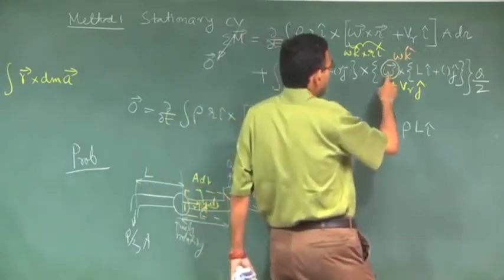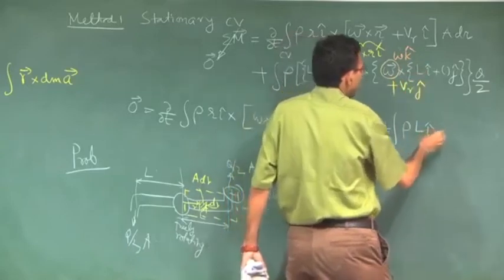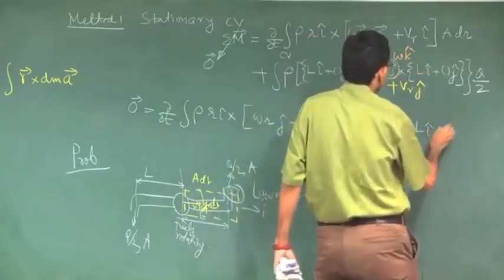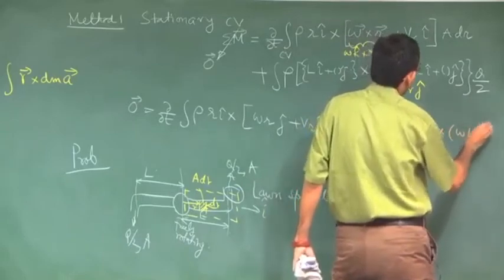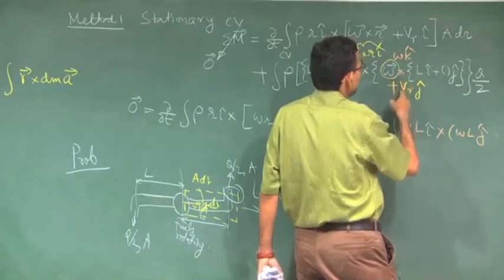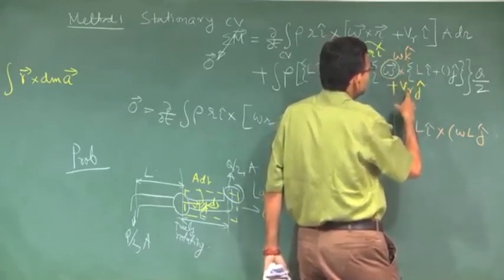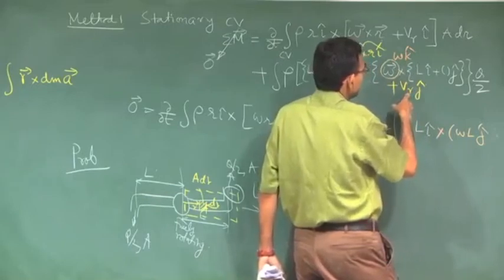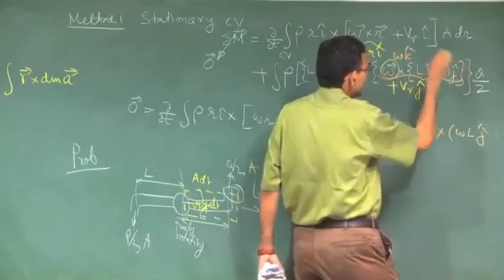So omega k cross Li is omega L j, and omega k cross Vrj is, oh sorry, this is this one.